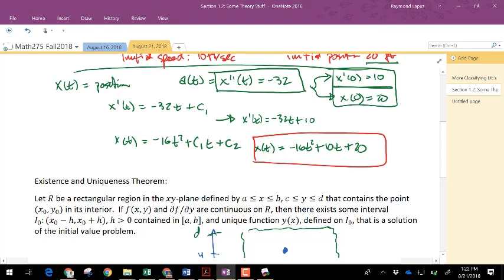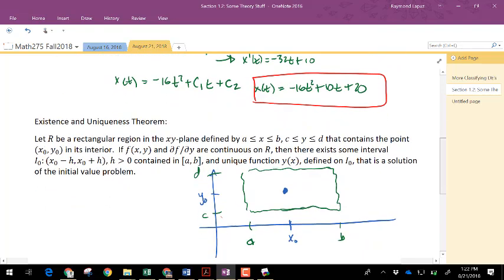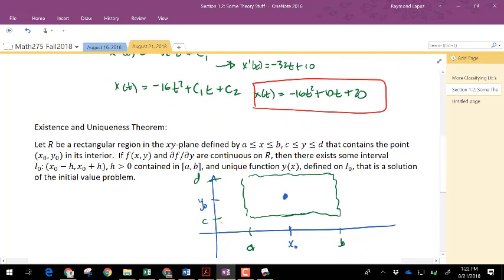Or we can just say it's from 0 to 15. So we might just be concerned about a smaller interval than all the real numbers. And if we are restricting the domain, then we're also probably going to be restricting the range. In this case, the y value range just goes from c to d.